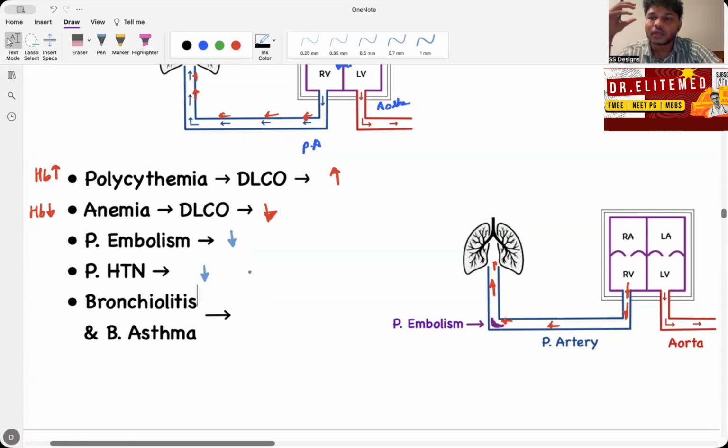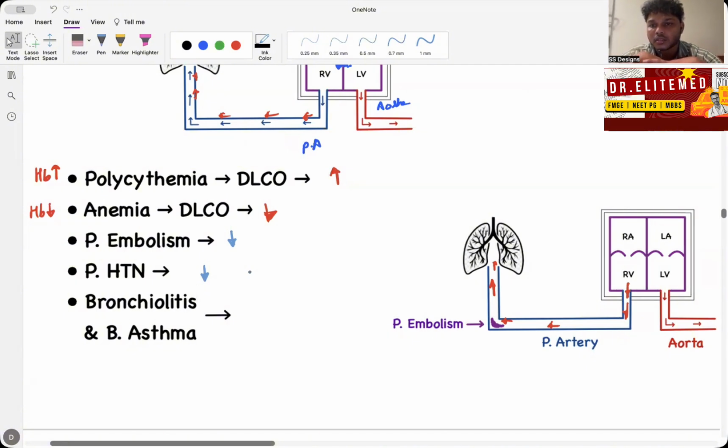Whatever air it is going to inspire, we are going to give a gas, and this gas is not going to change. The patient's goal is to inhale it. There will be difficulty during the inhalation, but the amount inspired is going to be normal, and expired it is also going to be normal.